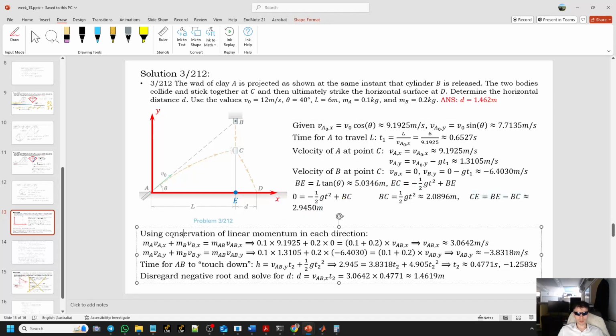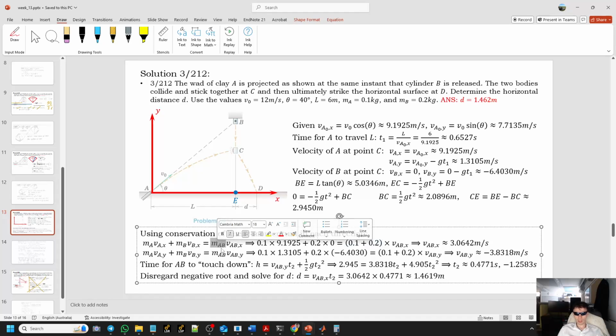Okay, now we will use the conservation of linear momentum in X and Y directions. So before contact and after contact, you can use this formula. So MA is 0.1, VAX is this 9.1, and VBX doesn't have any velocity in the X direction, so this one will be 0. And here we use MA plus MB.